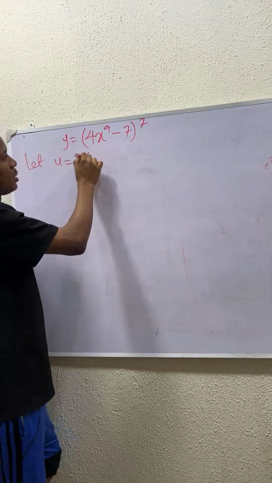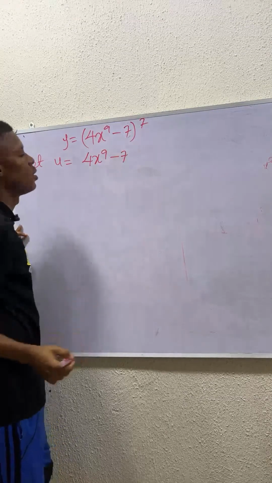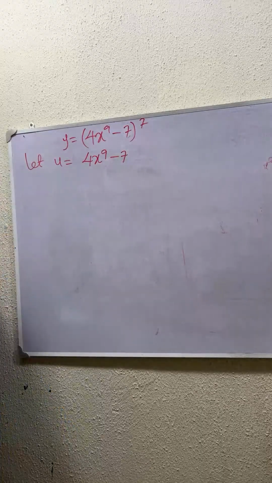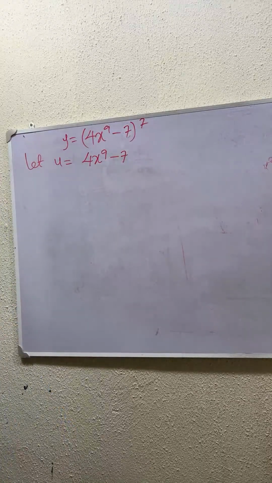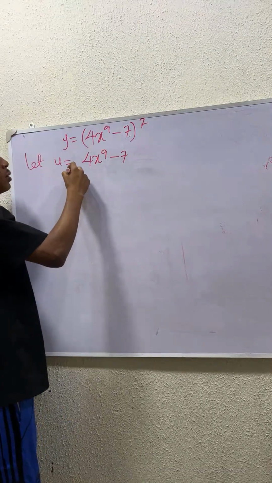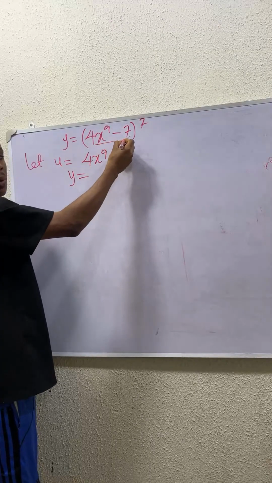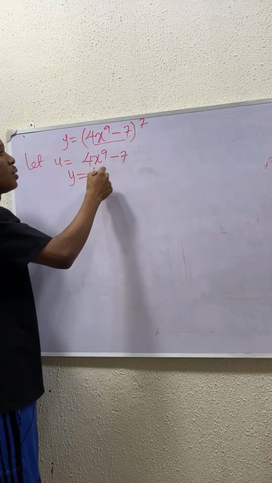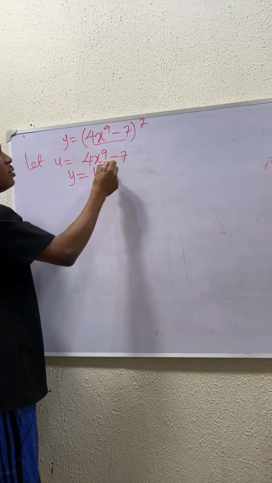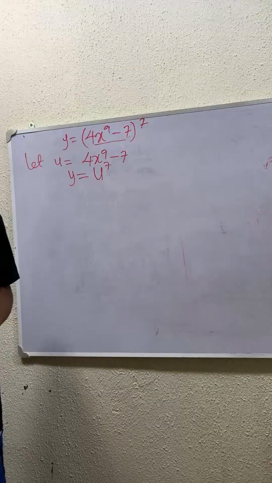What is the term in the bracket? 4x power 9 minus 7. So our y will now be u power 7.